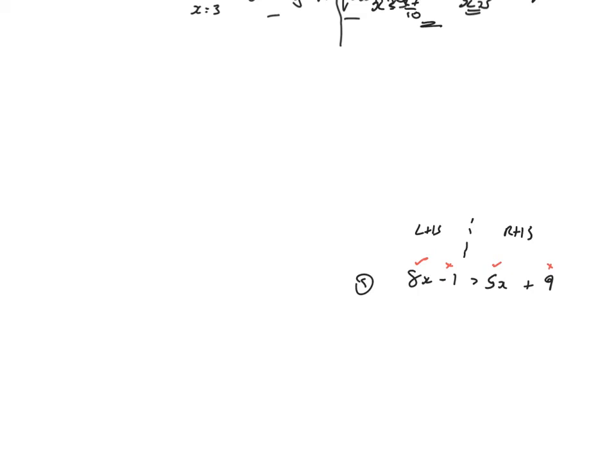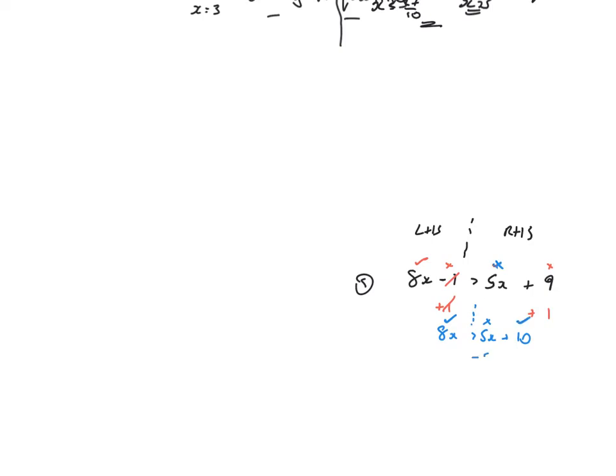First of all I'm going to get rid of minus 1 by adding 1 to both sides. And that will leave me with 8x is more than 5x plus 10. Letters to the left, numbers to the right. 8x is fine. Should have said 5x is not fine actually. And 10 is okay.